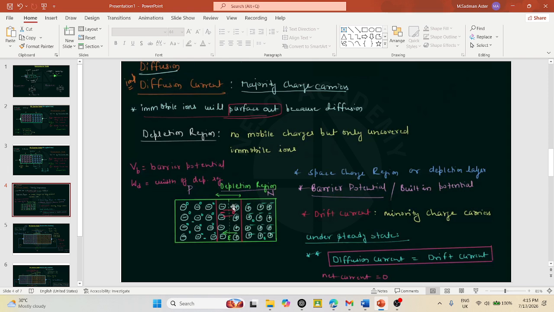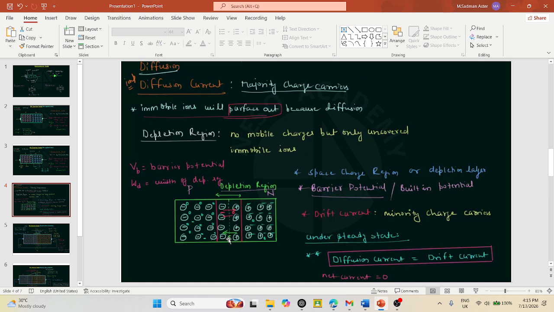As a result, negative immobile ions get uncovered on the p side, and due to the high gradient of electrons from the n side to the p side, electrons tend to get recombined with the holes, and positively charged immobile ions are created on the n side, and the layers of positively charged and negatively charged ions create an electric field.